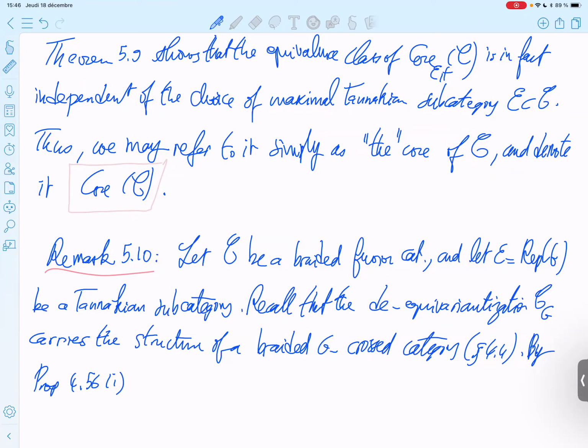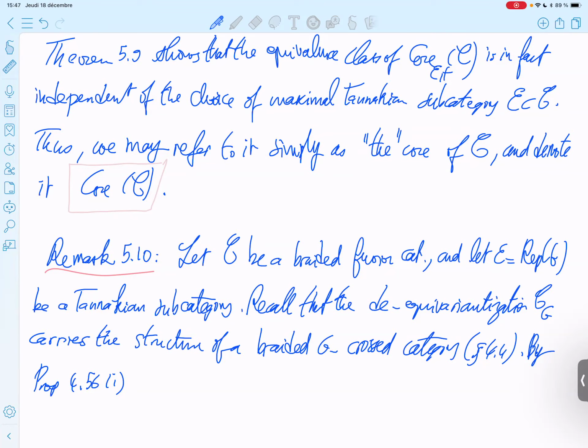Remember that a braided G-crossed category comes with three ingredients: a G-grading, a G-braiding, and a G-action. Here we are talking about the trivial component of the G-grading.